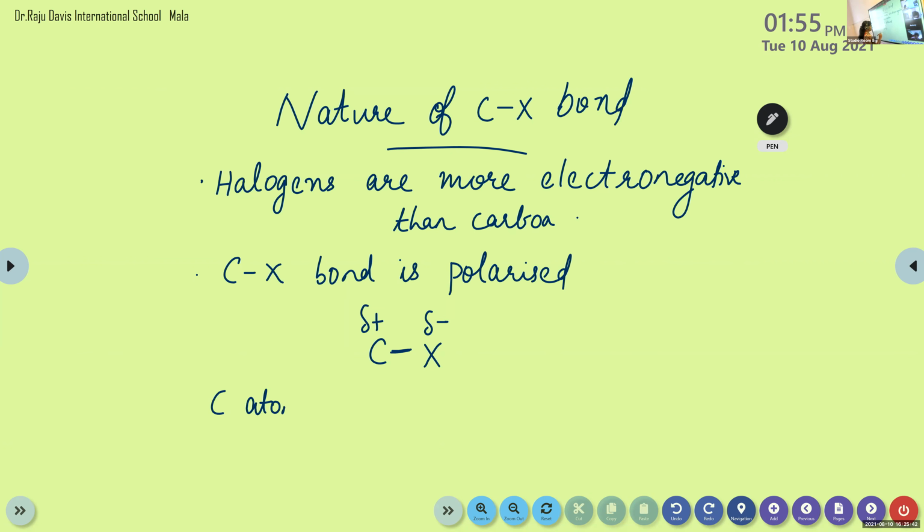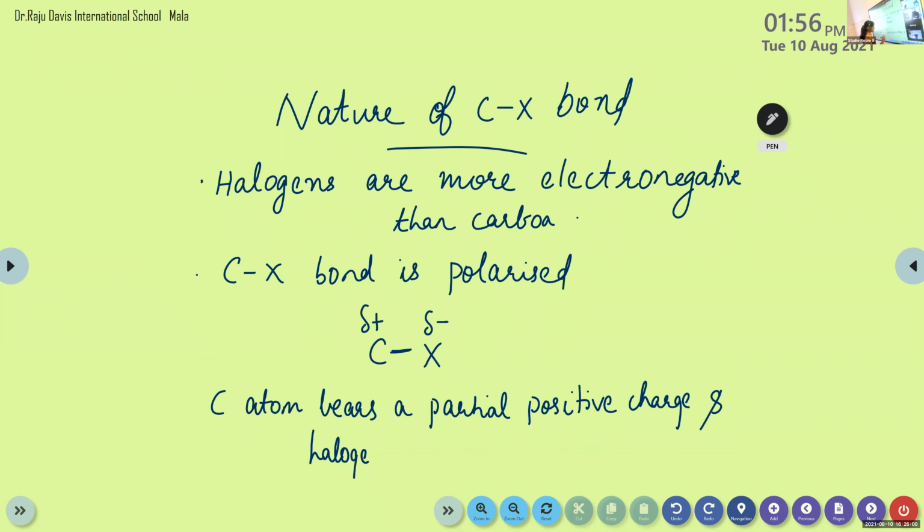The carbon atom gets a partial positive charge and the halogen a partial negative charge.